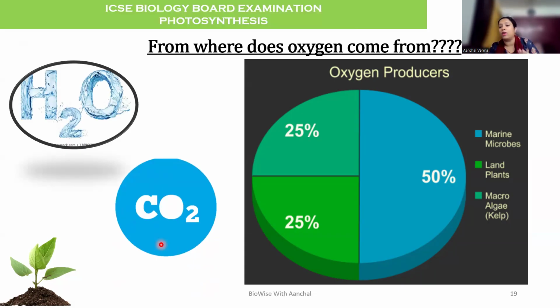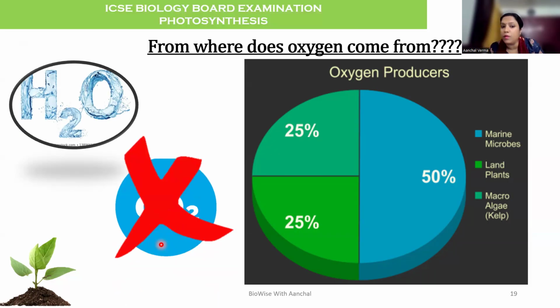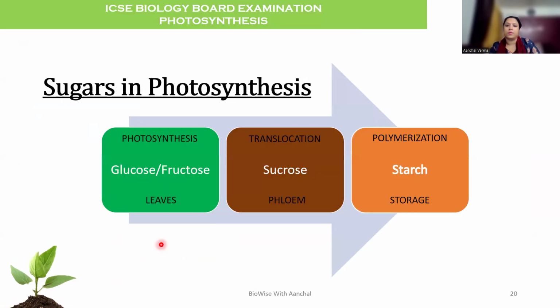Now you know that water is photolyzed during the light reaction. That is the first step in the light reaction of photosynthesis. And carbon dioxide is fixed in the process of dark reaction. So according to you, from where does the oxygen come? The correct answer is water. The oxygen comes from water molecule. That is splitting of water molecule in the presence of sunlight.